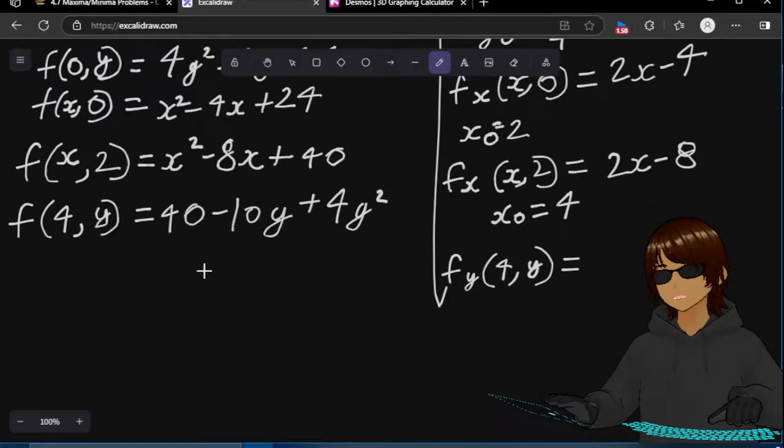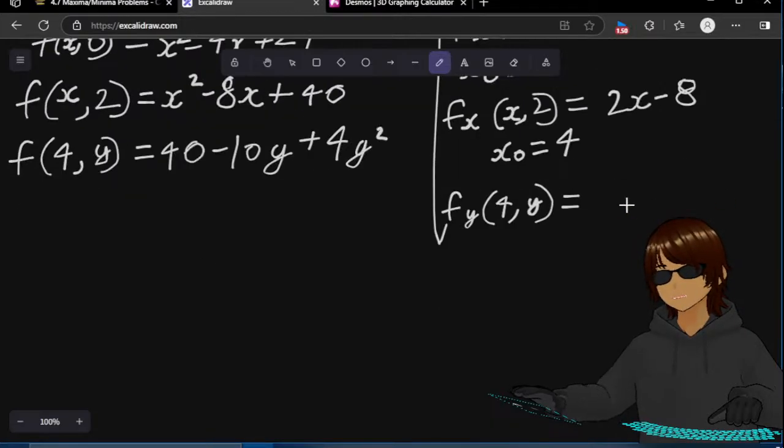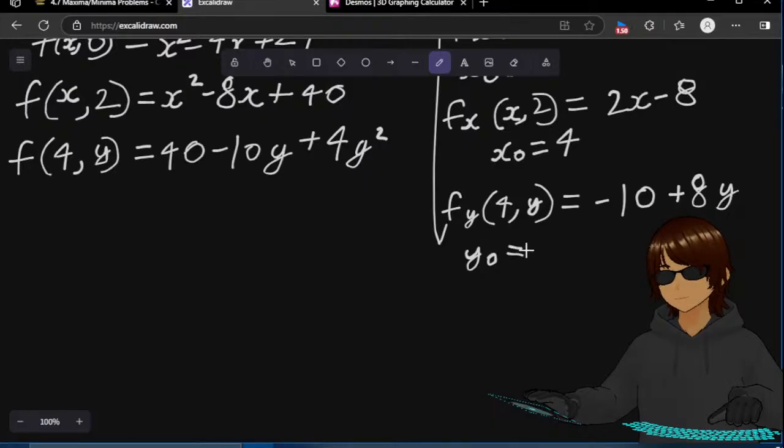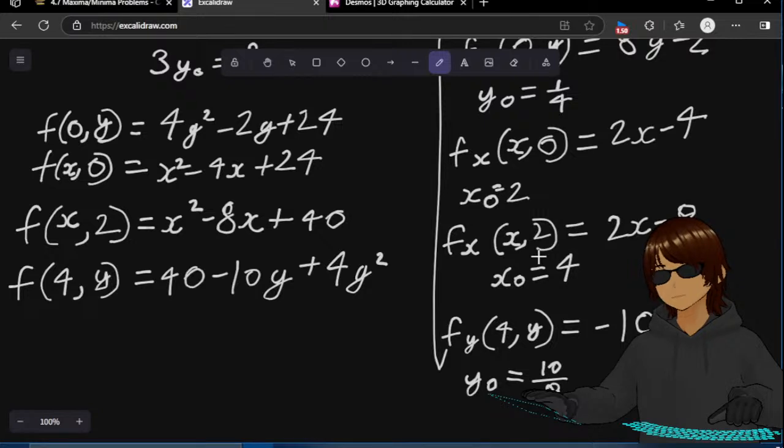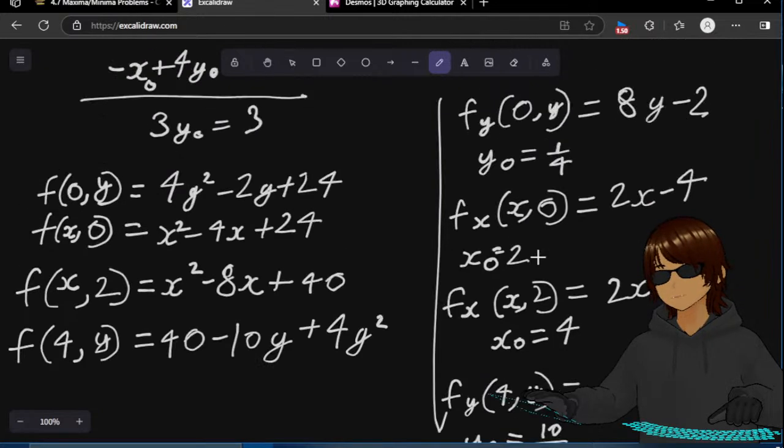the critical point, no wait, I need to derive this. Minus 10 plus 8y, 10 over 8. We have 0, 1 over 4, 0, 2.